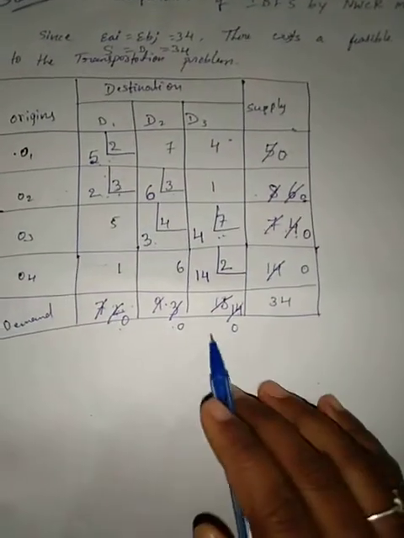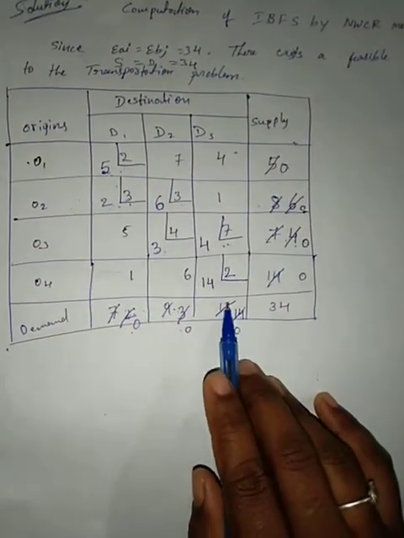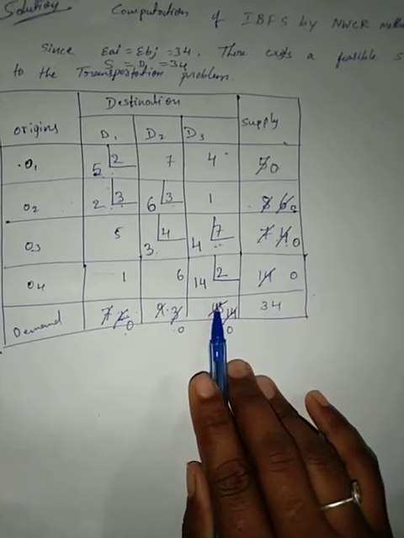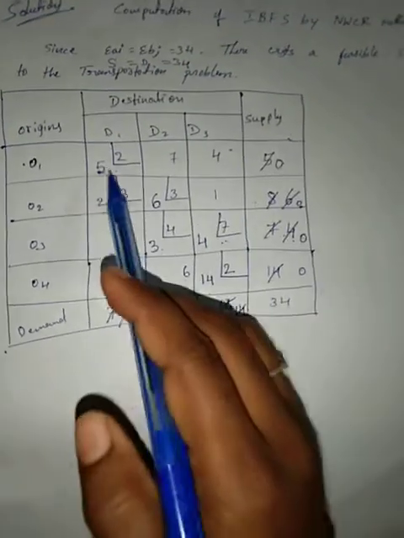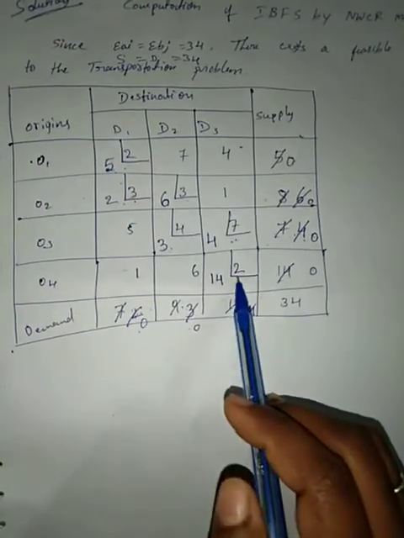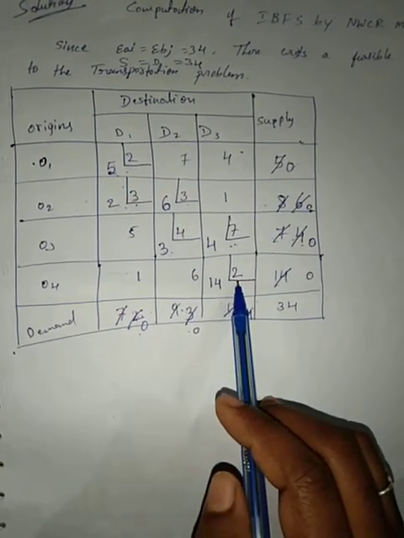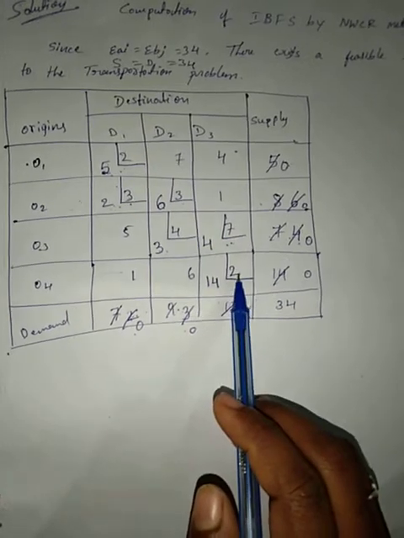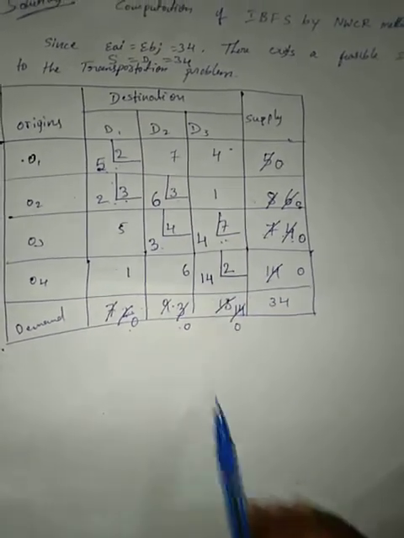So we reach the final step in the NWCR method. We started the allocation from the northwest corner and we reach the southeast corner.